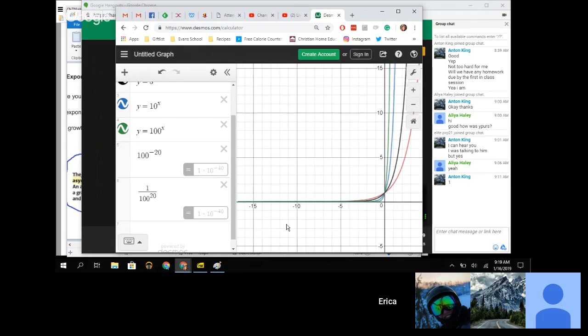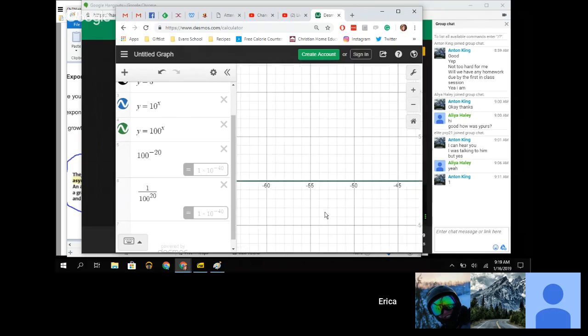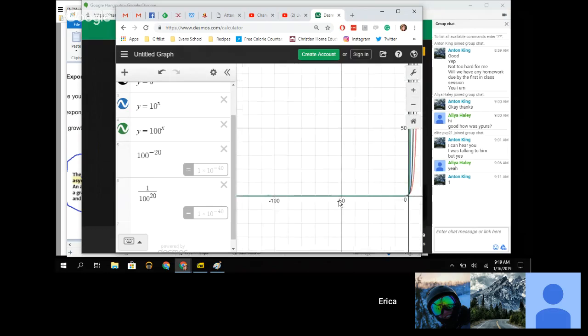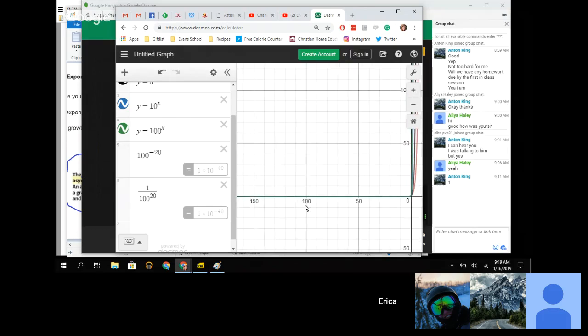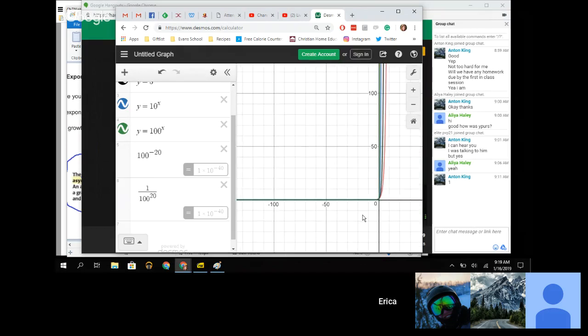Well, even if I went all the way out here, your calculator at some point just kind of gives up and says it's close enough. But if I zoomed way out on my exponential function and I went to x equals negative 100 or x equals negative 1,000, even if I kept zooming out, will my exponential function ever be 0?